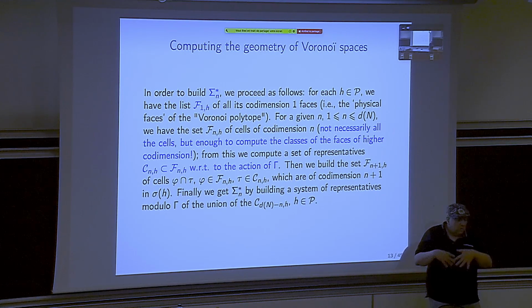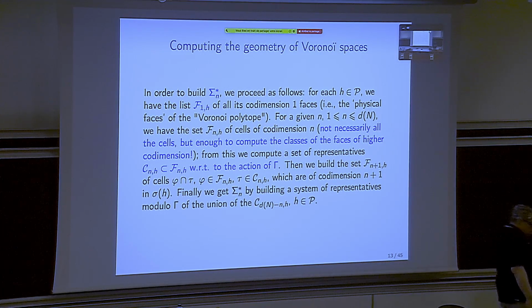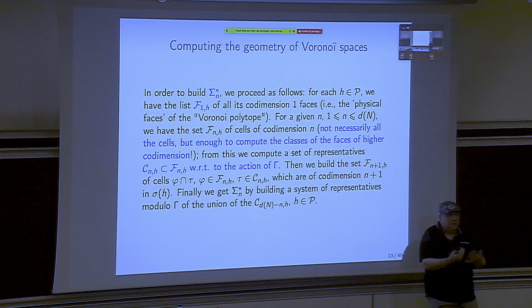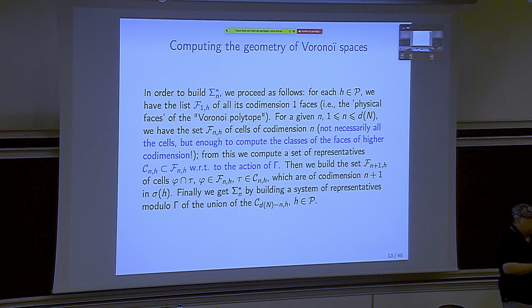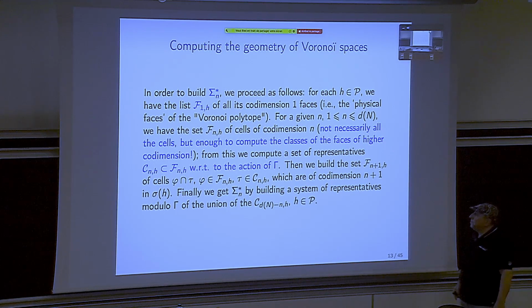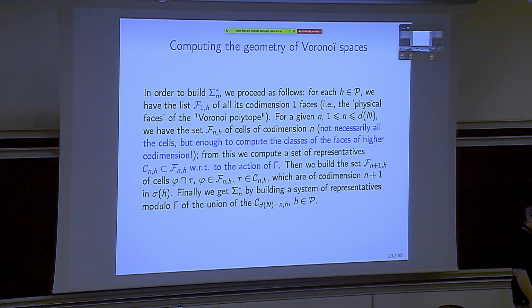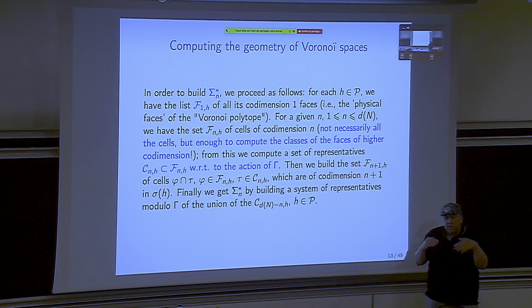As I said, you start with all the perfect forms and all the codimension faces of the convex cone associated to a perfect form. Then you compute the orbits for it, and it's really the first layer of complexity.